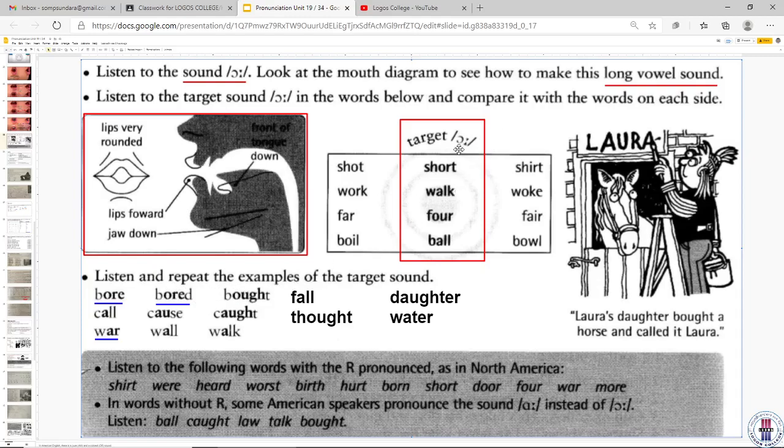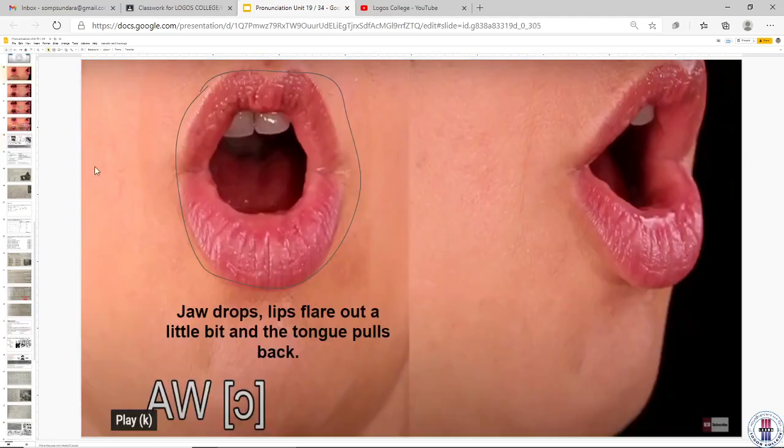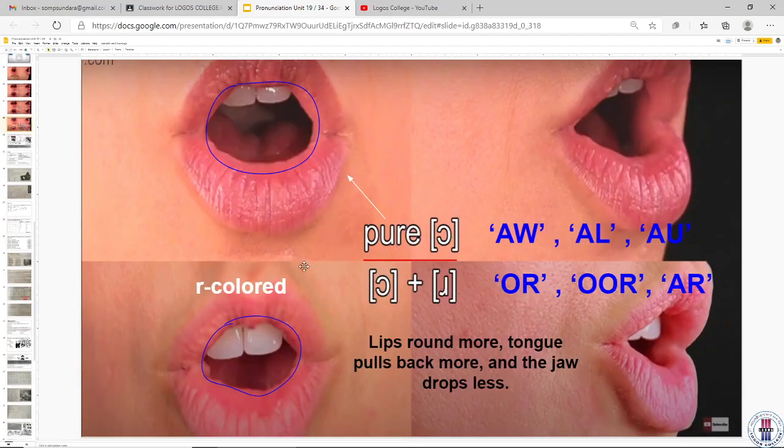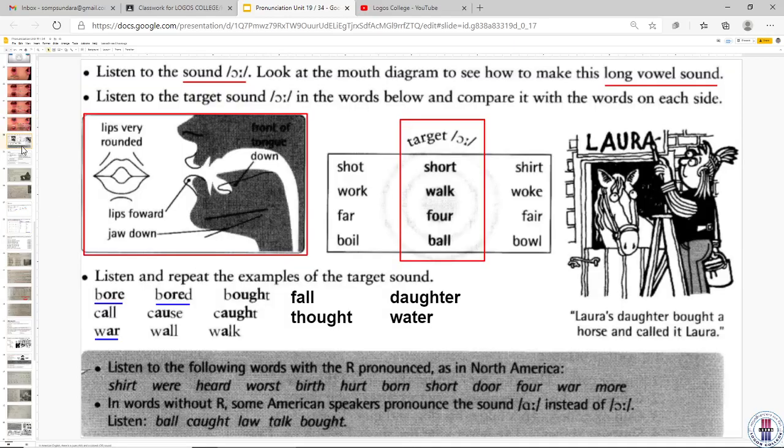I don't know why they don't separate this, but they just all teach it in the same unit. But remember that there's a pure aw. They call it the pure aw, and then there's an R-colored aw sound, which makes the sound or. All right.